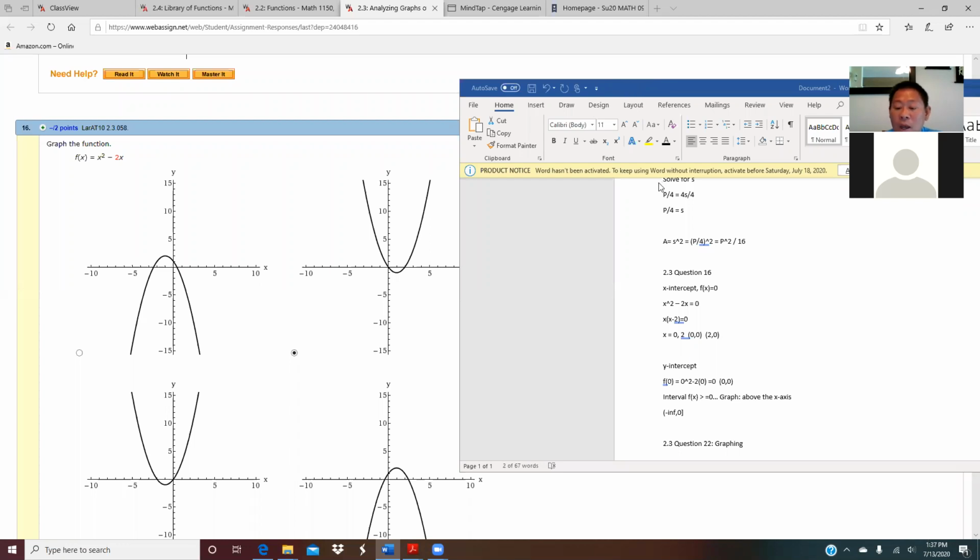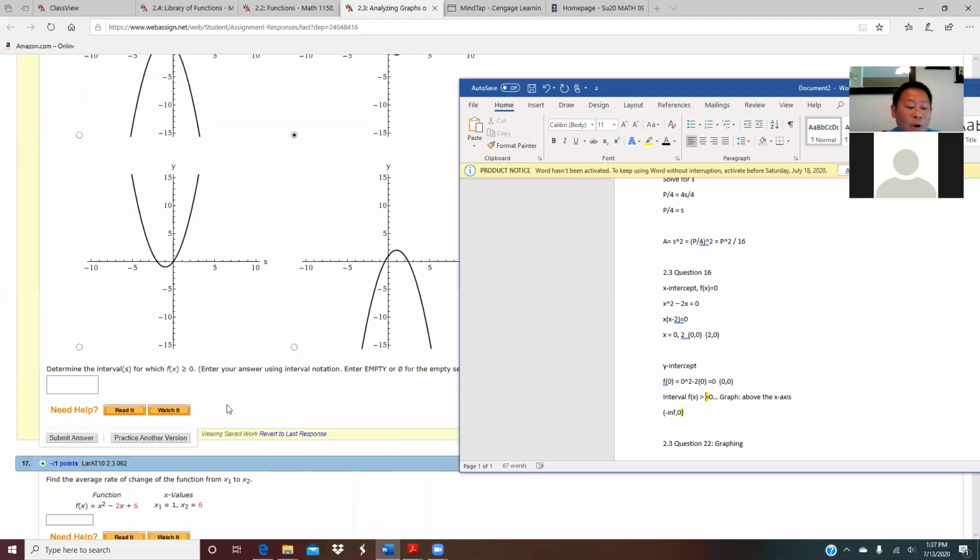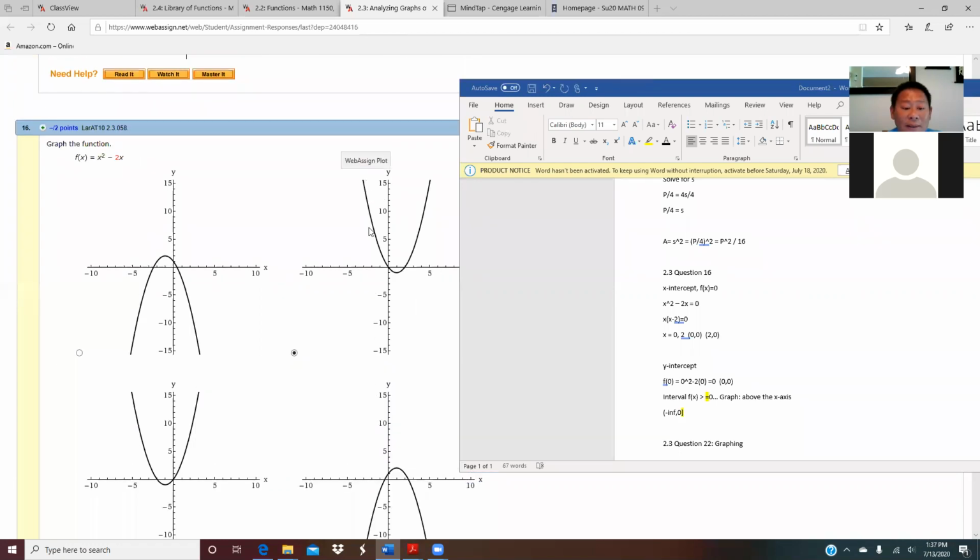Please change your name. So the reason why you have to use a bracket here is because you have an equal sign. If the question is asking for greater than or equal to, you have to use a bracket. If the question is asking for just a greater than sign, then you just use parentheses. So this is just for that case. And then the other case is from 2 to infinity.